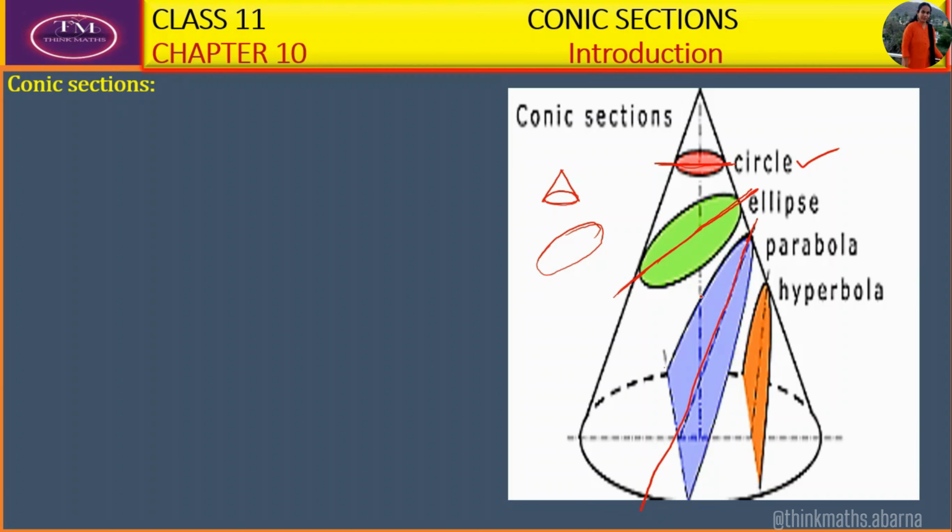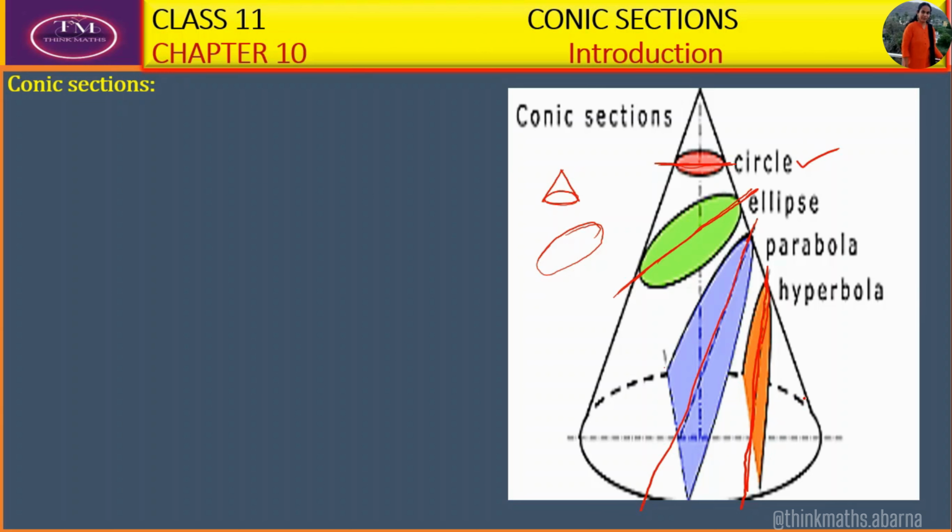This blue color is the shape of a parabola. Now if you cut the cone in this way, you will get the shape of a hyperbola. That orange one is the shape of the hyperbola.